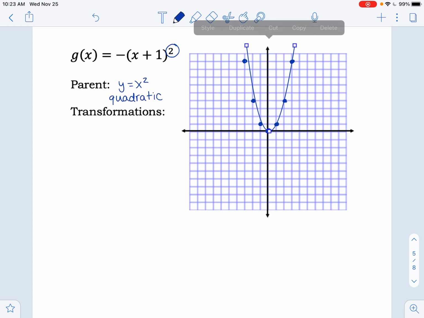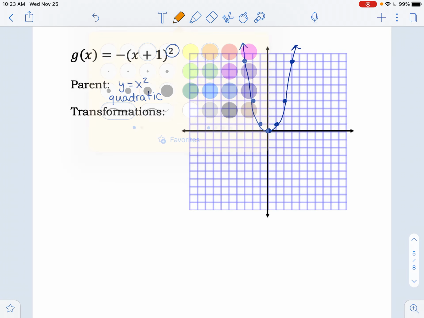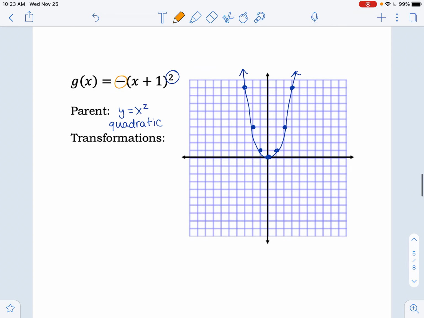That didn't come out so good. Let's try that again. Your graphs don't have to be absolutely perfect, as long as they're close enough. So then let's digest our transformations. Here I've got a negative on the outside. Negative on the outside means reflect over the x-axis.